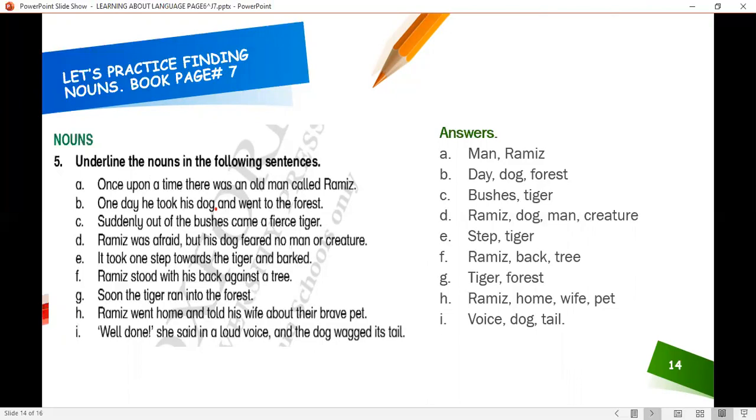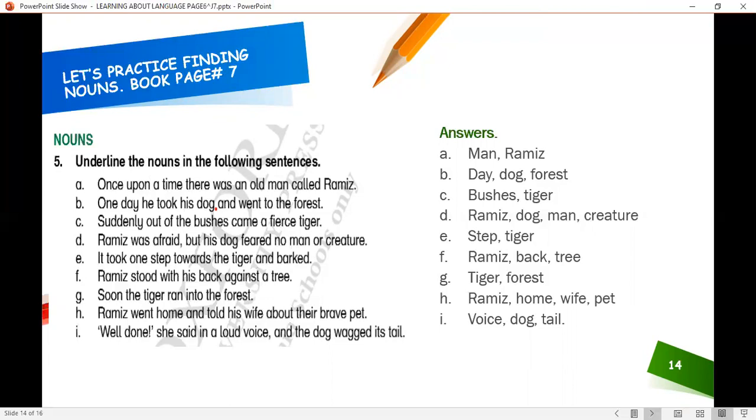Number 2 is, one day he took his dog and went to the forest. Now here are three nouns: day, dog, and forest. Sentence number 3 is, suddenly out of the bushes came a fierce tiger.